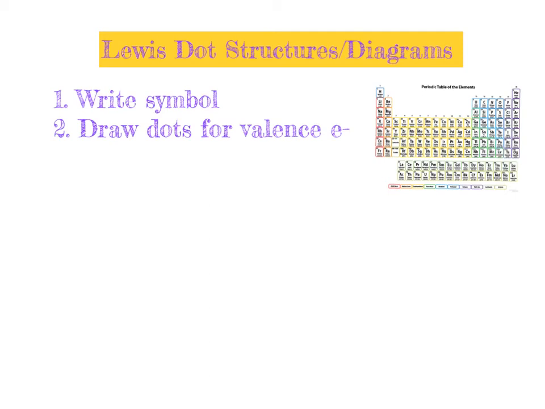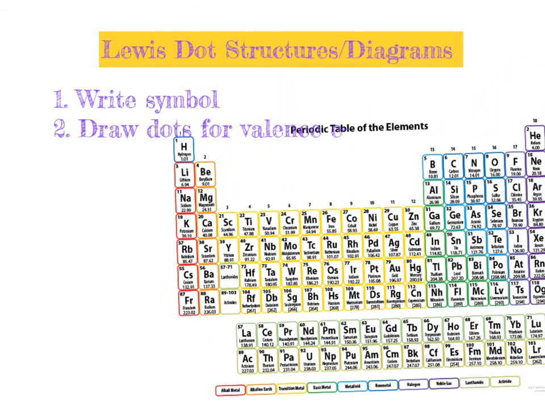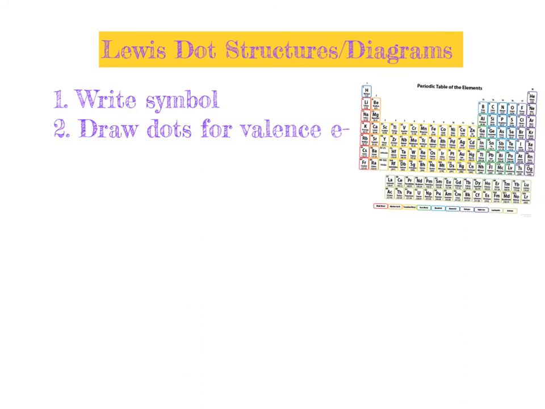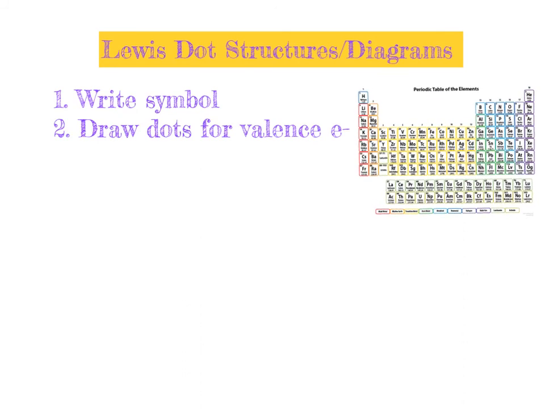So let's do magnesium. If I take a look at my periodic table, I see that magnesium is located right here. And that is in the second column, so it has 2 valence electrons. So what I would do is write the abbreviation for magnesium, which is Mg.